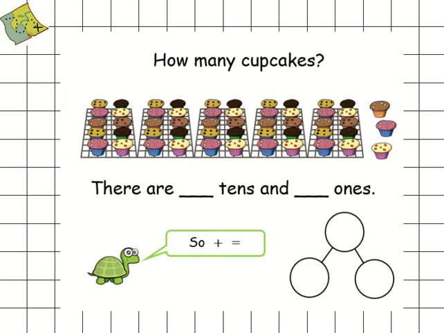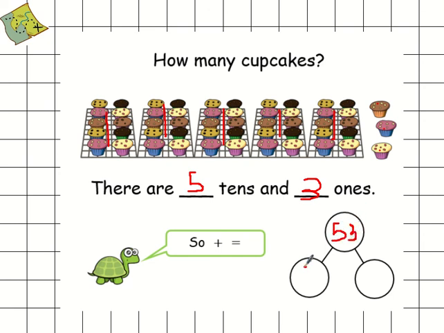Now, a little bit more difficult. I can see I've got groups of 10. So I've got 1, 2, 3, 4, 5 10s. Okay. How many 1s have I got? 1, 2, 3 1s. So the number I'm going to write in here is going to be 53.